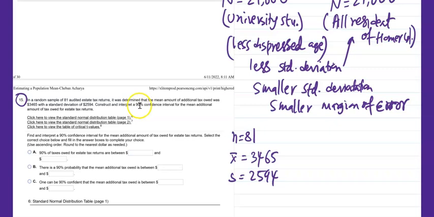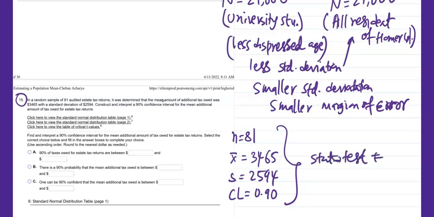Construct and interpret a 90% confidence interval for the mean additional amount of tax owed for the state tax returns. So you have CL here, 0.90. Using this information, use STAT TESTS number 8 and select the Stats option, not Data, because these are the stats, in the calculator, input the data and calculate.